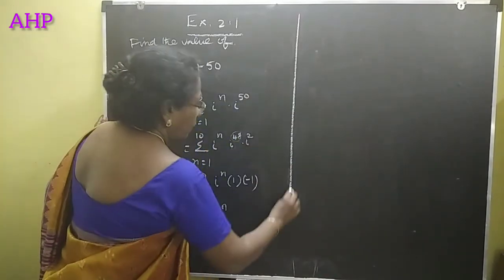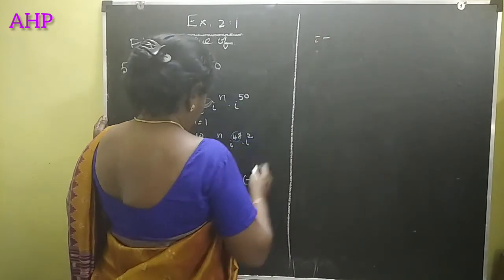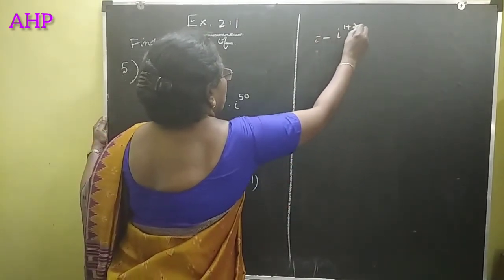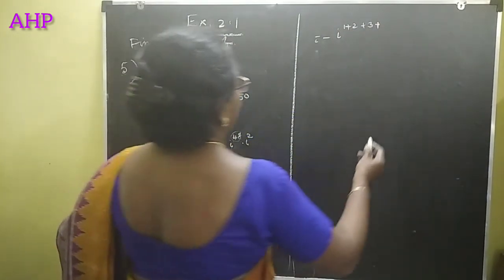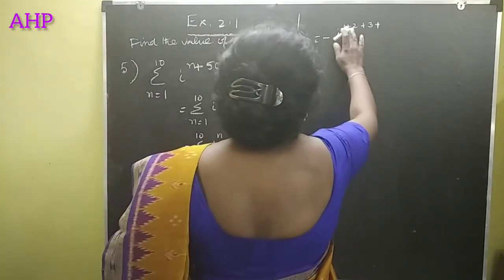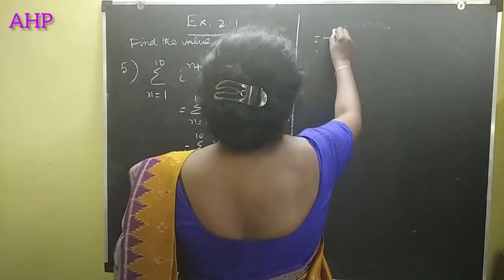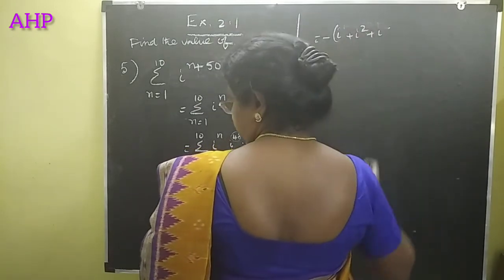This can be expanded. This is equal to minus i power 1 plus 2 plus 3 plus etc. This is equal to i plus i square plus i power.